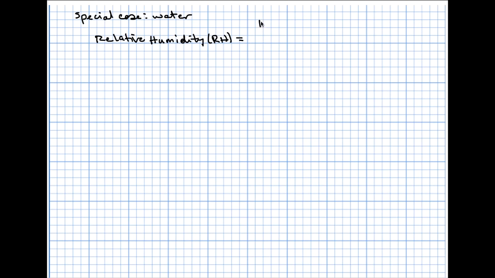It is defined as the partial pressure of H2O that exists divided by the partial pressure of H2O at equilibrium for that particular temperature. And then it's represented as a percent, so we're going to multiply by 100.